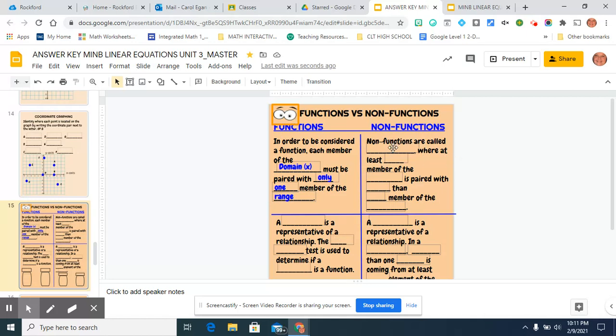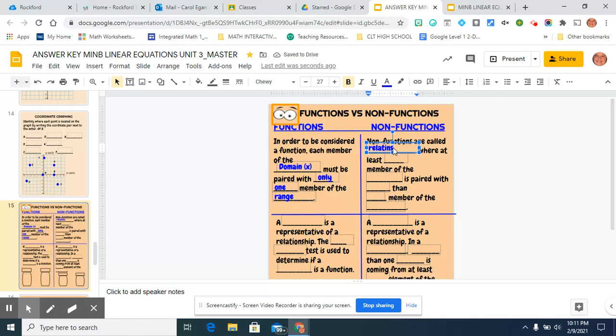Non-functions, we actually call them relations. When we're talking about coordinate graphing and there's a coordinate point involved with x and y, there's some type of relationship trying to be displayed between the x and the y. And whether it's a functional relationship or a non-functional relationship, it's still a relationship. So that's why we call them relations.